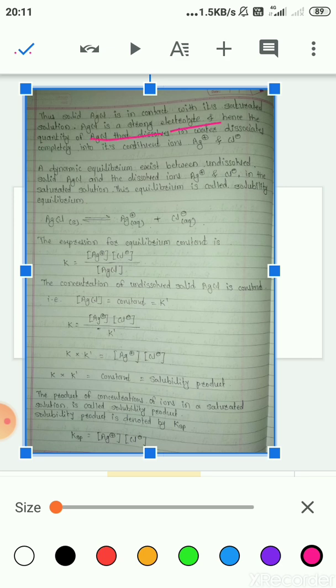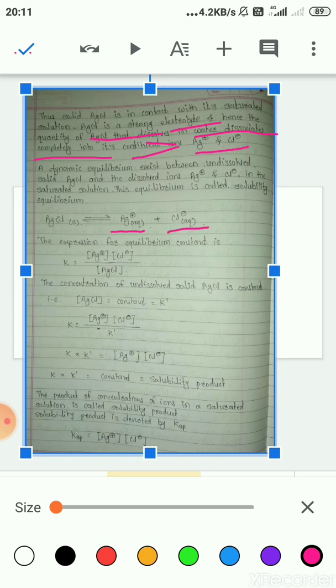AgCl dissolved in water dissociates completely into its constituent ions. That is, the equilibrium is developed between silver chloride and Ag+ and Cl- ions.